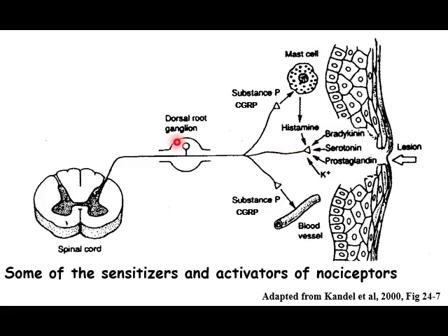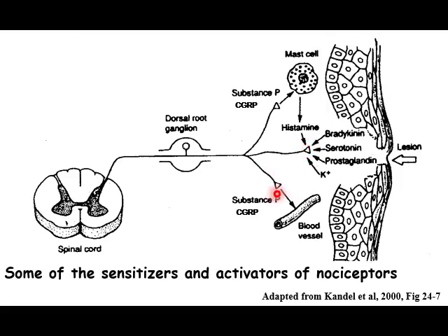That information is sent to the central nervous system, but it's also sent to branches of this peripheral receptor, which send out, in an unusual setting, substance P as well as calcitonin gene-related protein, CGRP, that activate mast cells. Mast cells release histamine, which enhances the activation of the peripheral nerve fiber, the pain fiber.